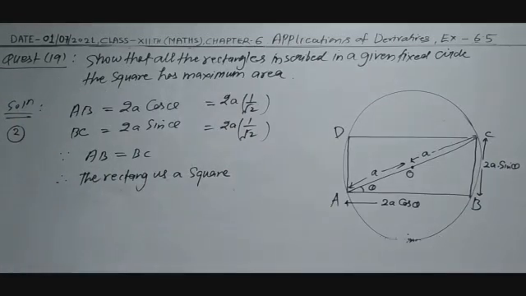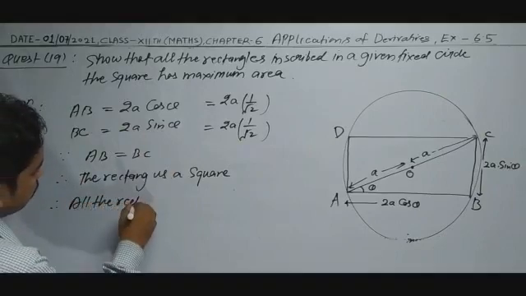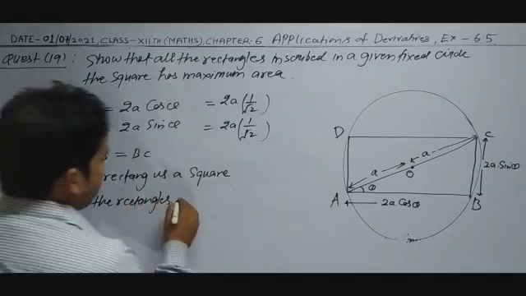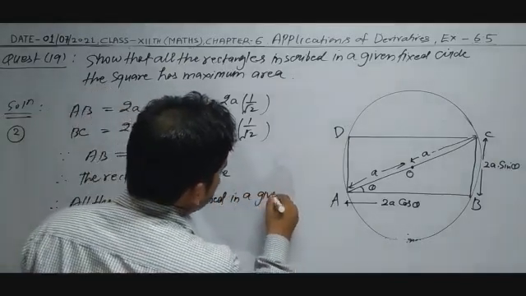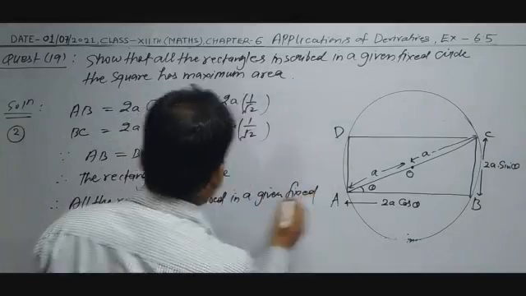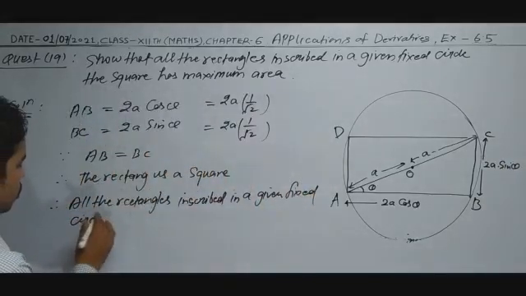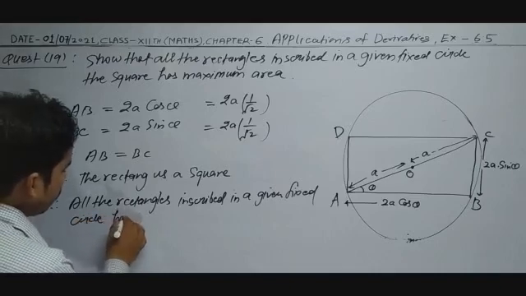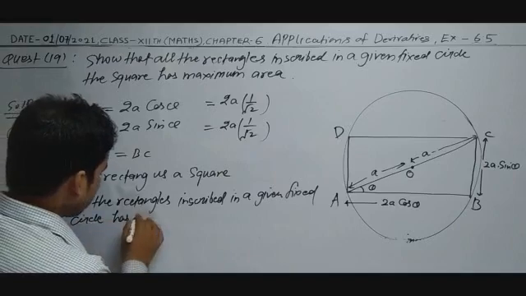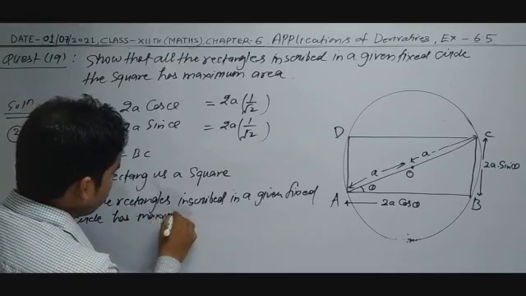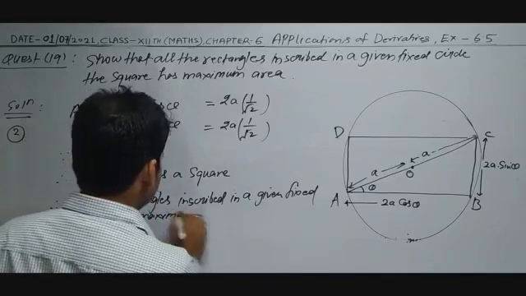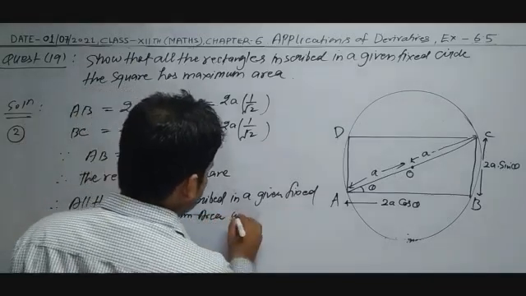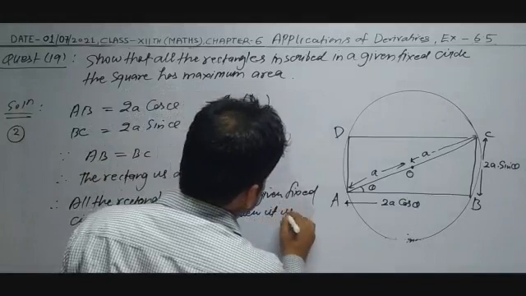Now you can say therefore all the rectangles inscribed in a given fixed circle have maximum area when it is a square.